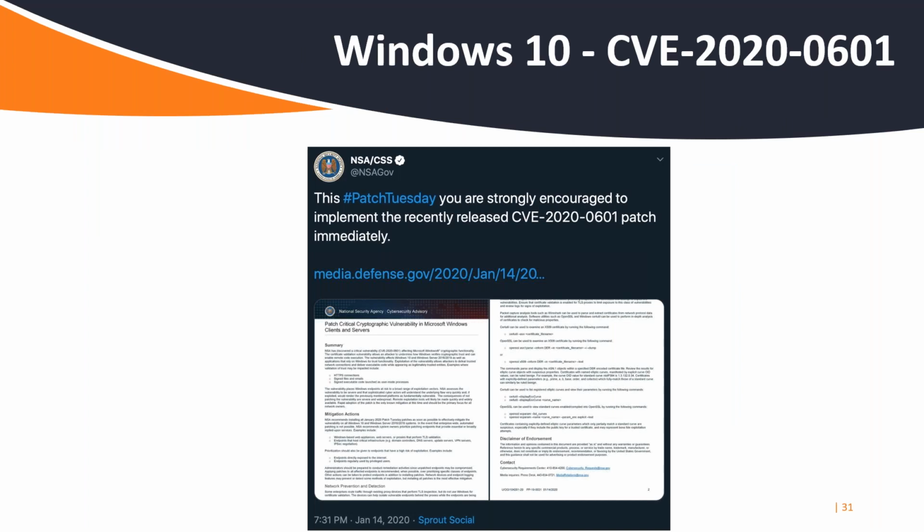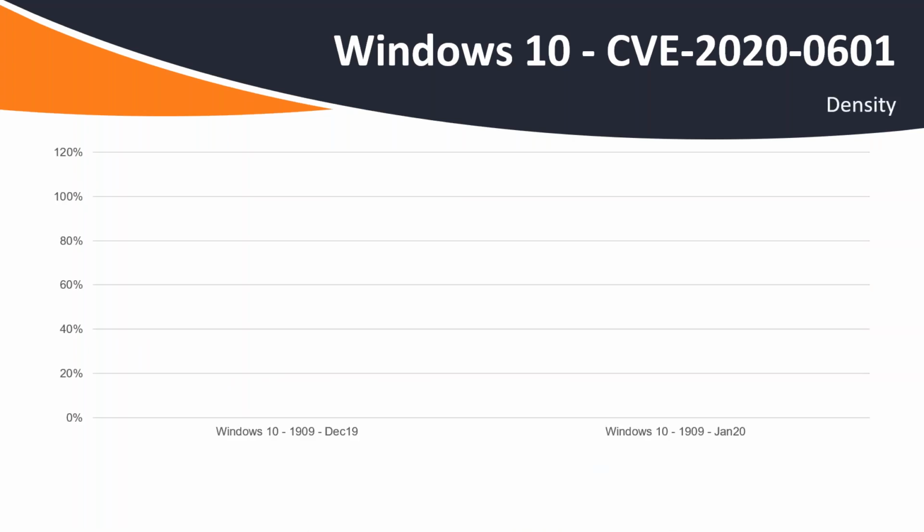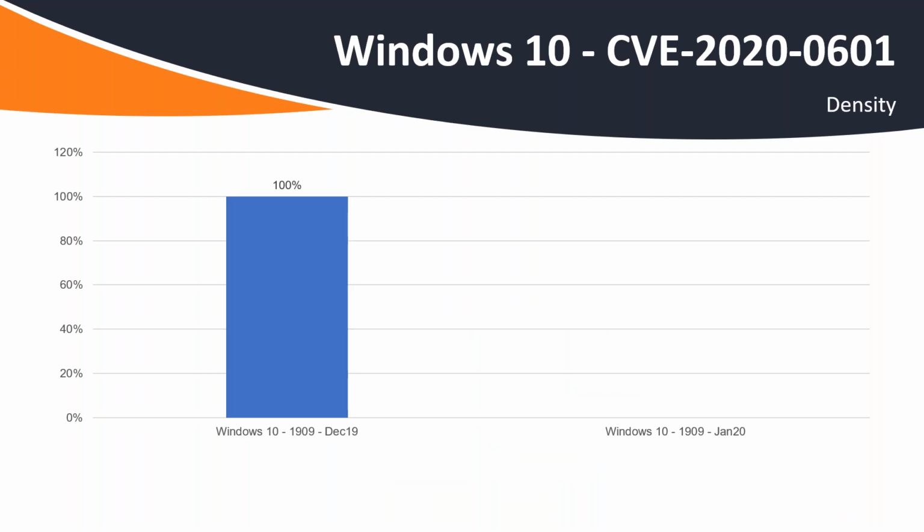Now, it's not all bad, right? Just relatively recently, this CVE came out with the cryptographic vulnerability in Windows. We ran a quick test, and what we saw is that by installing the patch, user density went up a little bit, just 3%, but it went up.